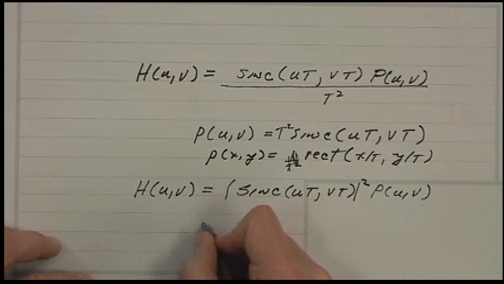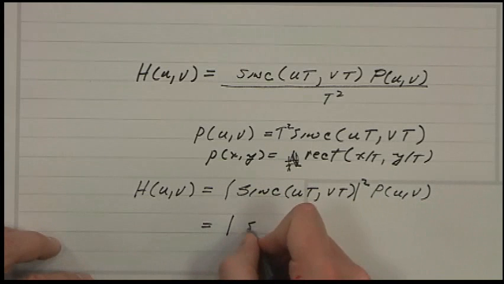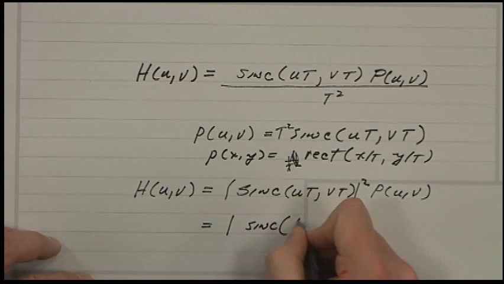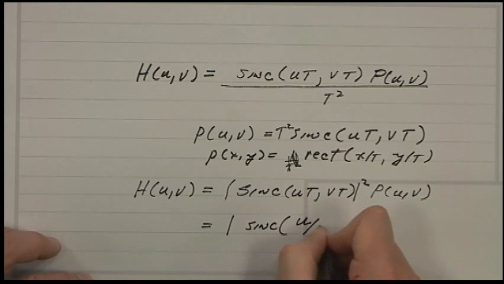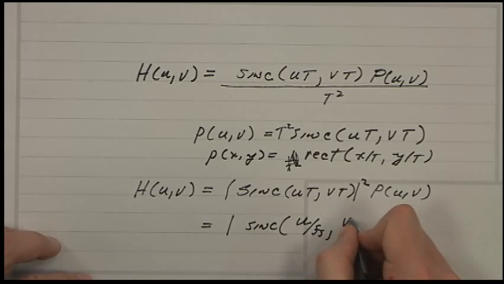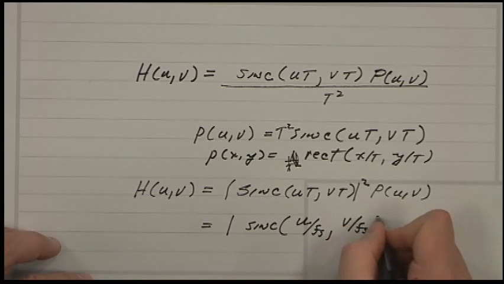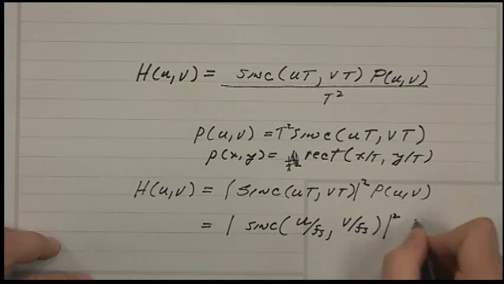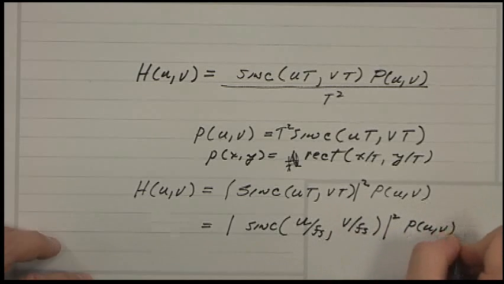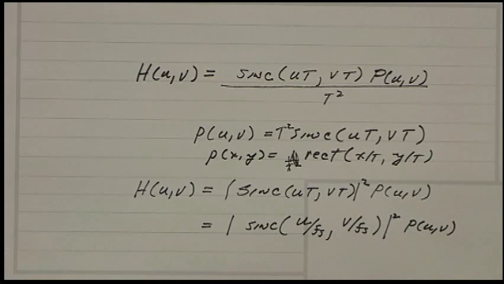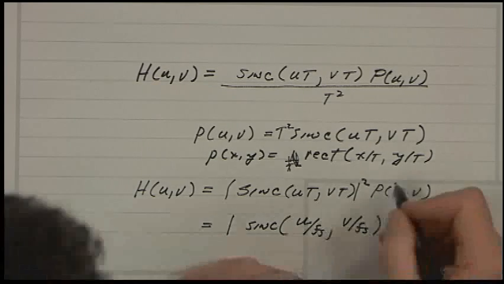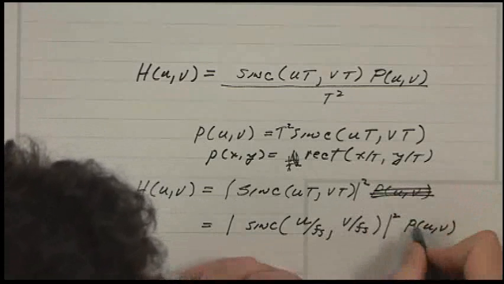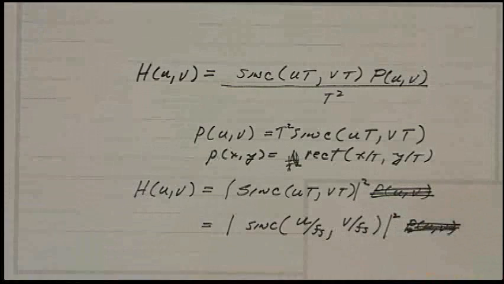And another way of writing that is Sinc of u over fs, v over fs squared times P of UV. Do you mean Sinc of ut vt squared without the p on the side there? Because we just defined p as... I'm sorry. Thank you. Yep. I'm glad somebody's paying attention.